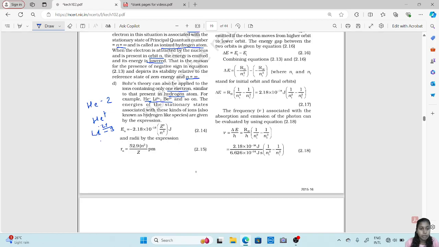This theory can also be applied to these species, and all these three have only one electron, similar to the hydrogen atom, right?